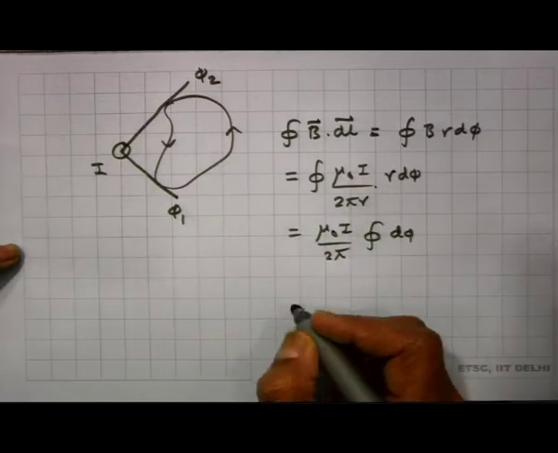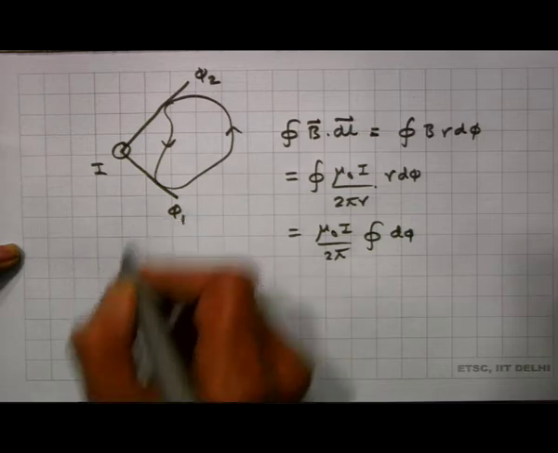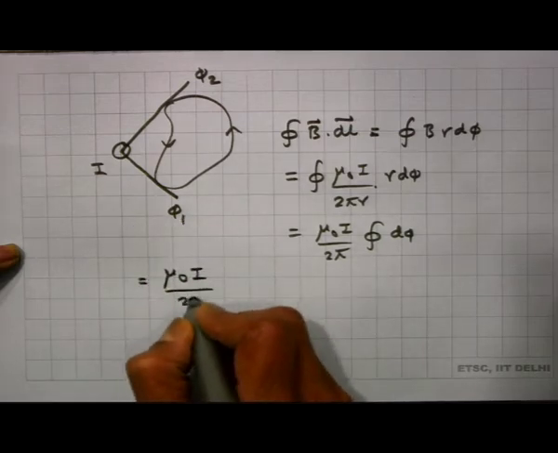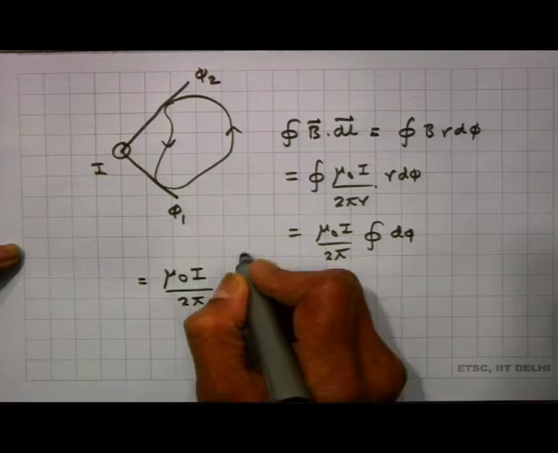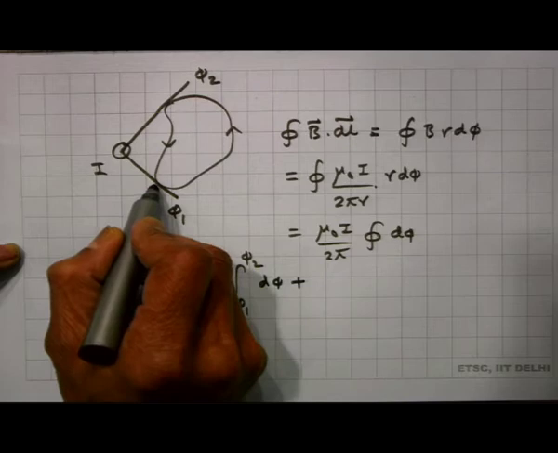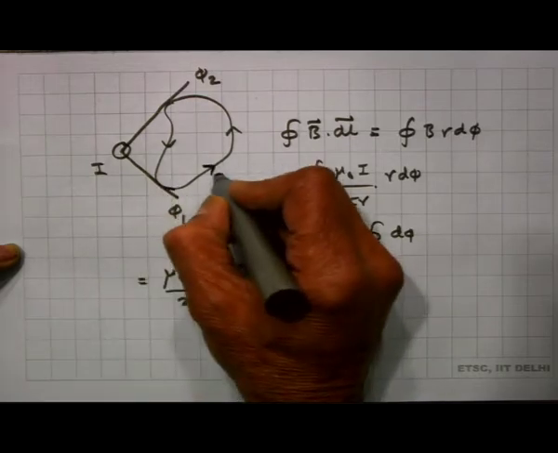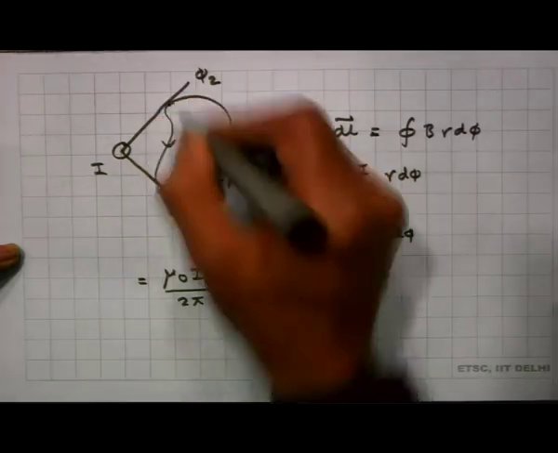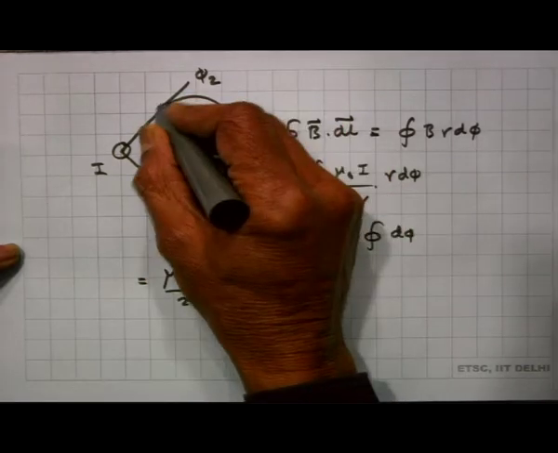r cancels off, so this is equal to mu naught I by 2 pi integral phi 1 to phi 2 d phi plus. So, I go from phi 1 to phi 2 along say C 1, and then I come back. So, I go from here to here along this curve and I come back along this.